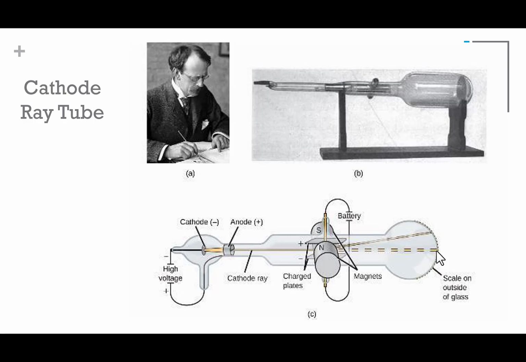If it's repelled by a negative charge and attracted to a positive charge, there must be some particles in there that are in fact charged. So as it turns out, atoms, which they thought were neutral, now contain particles that are charged. What particles could be in there?